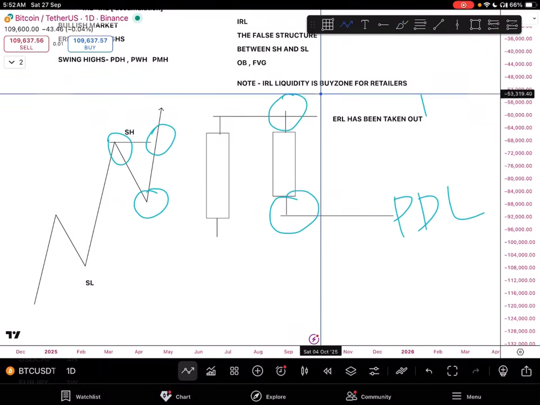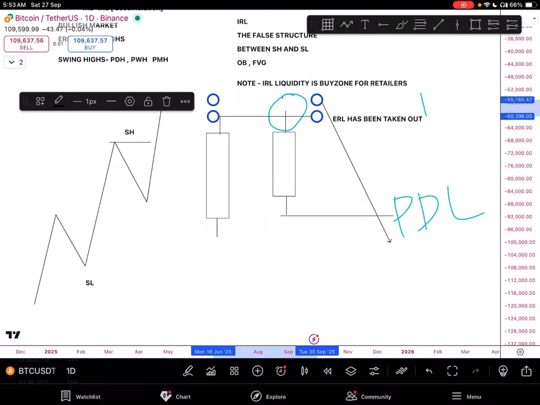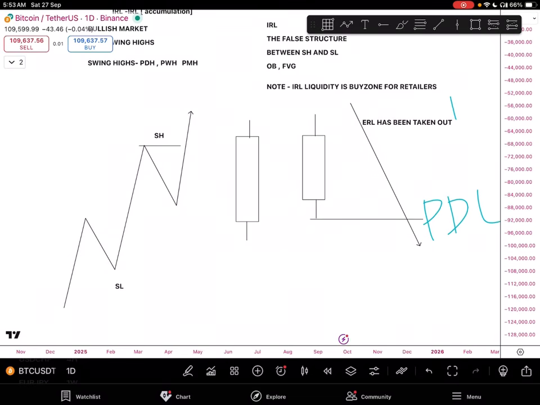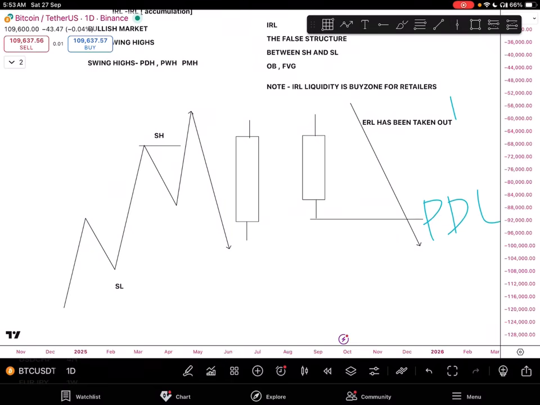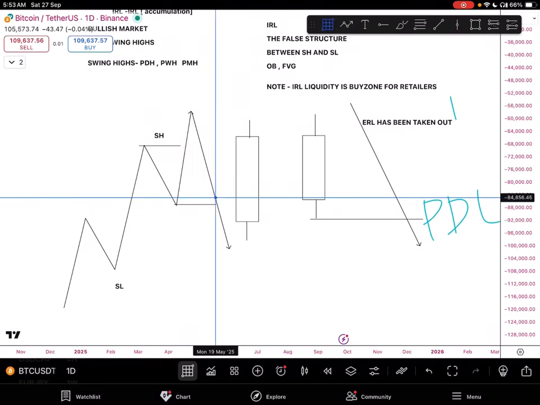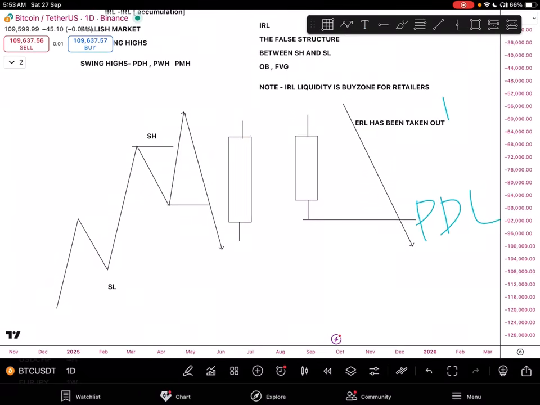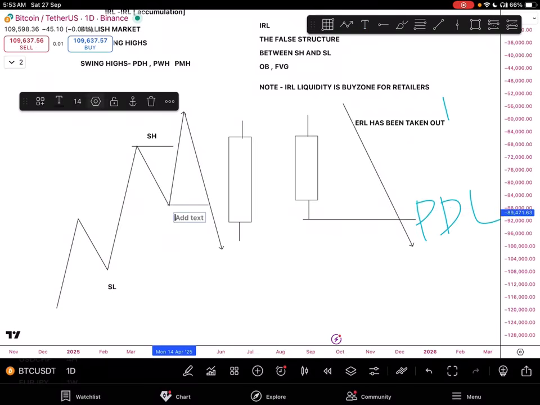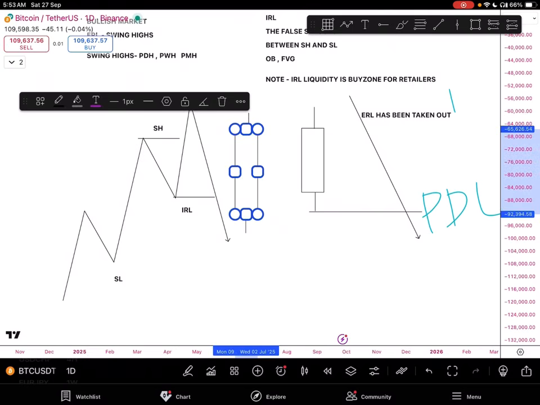We need to target this low, which we call internal range liquidity.